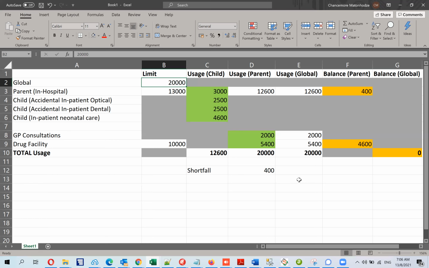I'm talking about somebody whose pattern of claiming would be more consistent with utilizing the drug benefit than any other benefit. Is it possible with this type of structure for this person to get access to that full 10,000 and prejudice everybody else, as much as we won't want that type of scenario, but is it possible?